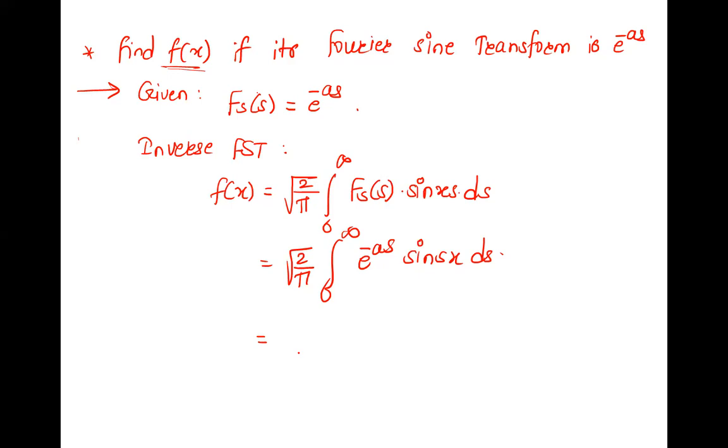Here e is raised to minus as, so A is minus a. And what is B? Think once again, all of you. You're comparing with e raised to ax sin bx dx.